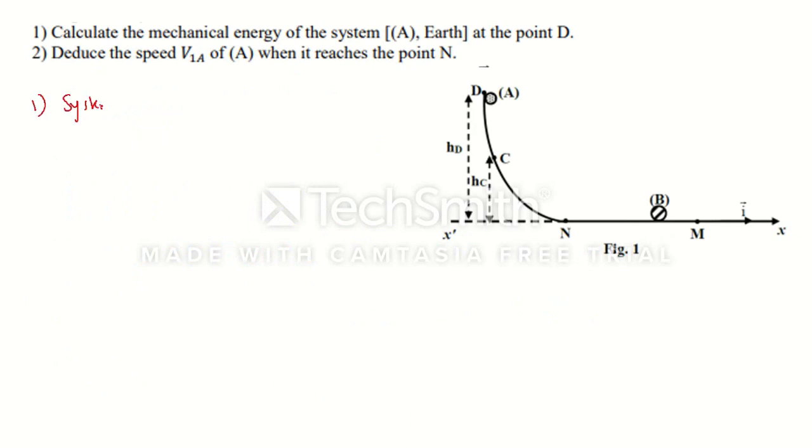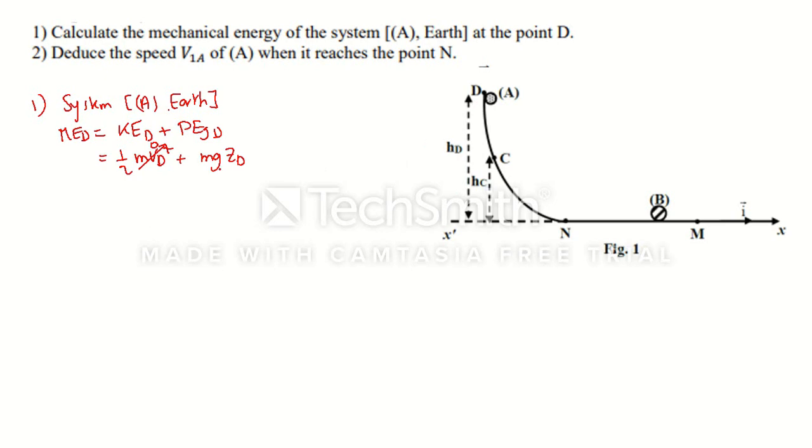The system here used is A and Earth. So in this case, mechanical energy at the point D is equal to the kinetic energy at the point D plus gravitational potential energy at D. So it's equal to half m vd square, and since it's beginning without speed, then this will be equal to 0, plus m g zd.